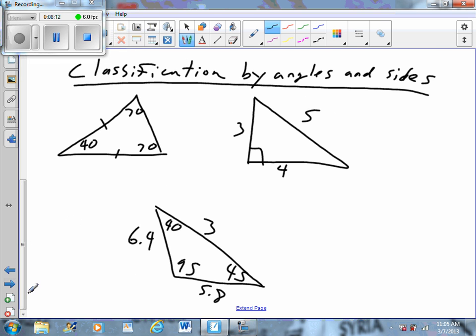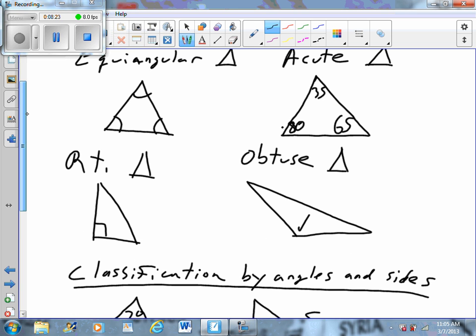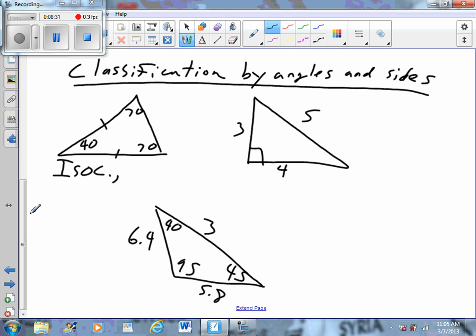So we come down here, and I would call this, I'm going to use that abbreviation for isosceles. Now, what about the angle measures? How would I classify this by angle measures? And remember this. Classification by angle measures is different from sides. You're looking at the sizes of the angles in here. What can we say about all three of those angle measures? They're less than 90.